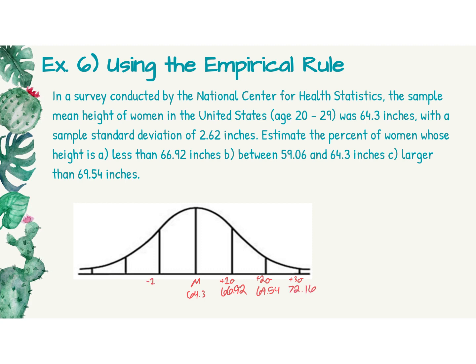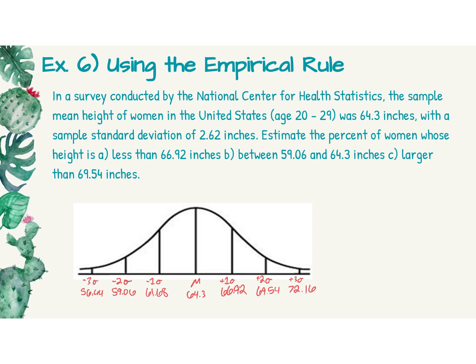Subtract one standard deviation, and we get 61.68. Subtract two standard deviations, we get 59.06. And subtract three standard deviations, we get 56.44. That's just adding and subtracting with our mean and that standard deviation of 2.62 inches.